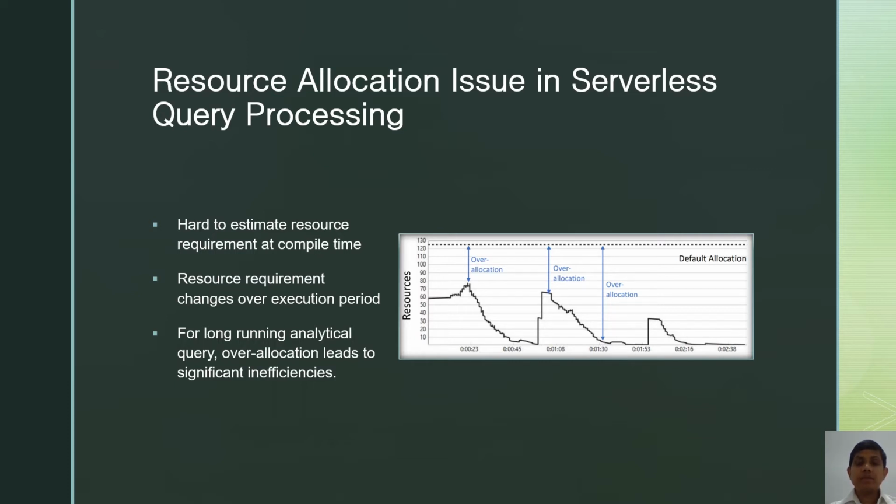Also, as the job progresses, we see a dip in the usage of the allocated resources, then the usage increases, then again dips, and so on. Because of this complex nature, in general, it is hard to estimate the resource required by a particular job, a particular query.